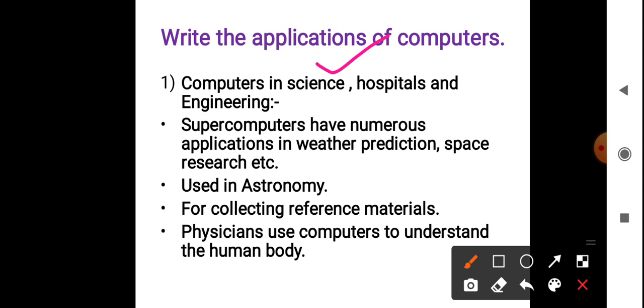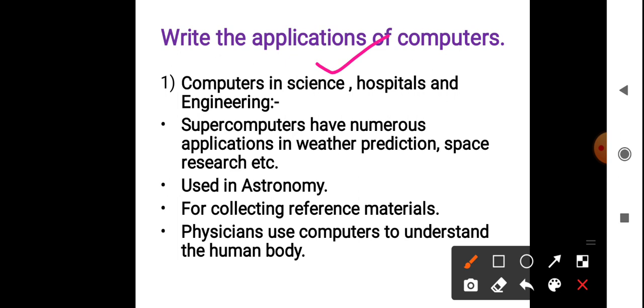For performing space research and predicting the weather, we use supercomputers. And even in astronomy, to find where the stars are going in orbit, whether they are going to reach particular orbits, we use computers in astronomy.